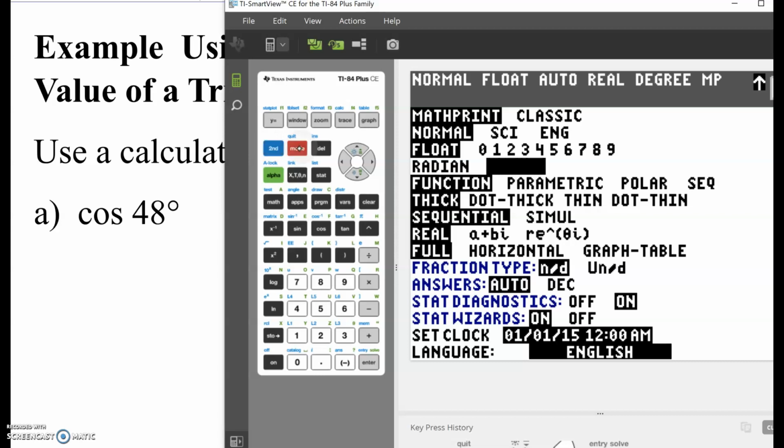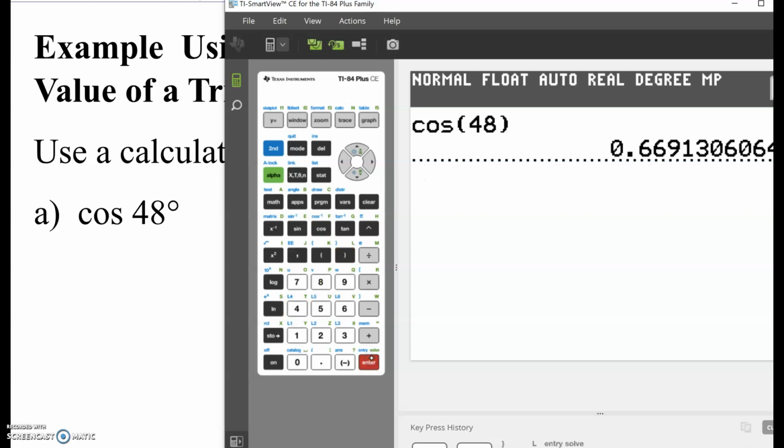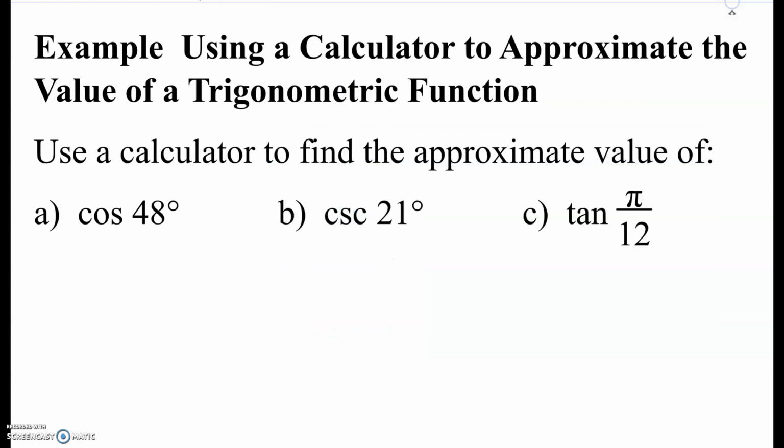Then second mode brings us back and we can do cosine of 48 degrees. That gives 0.6691306, and we're going to round to 2 decimal places.